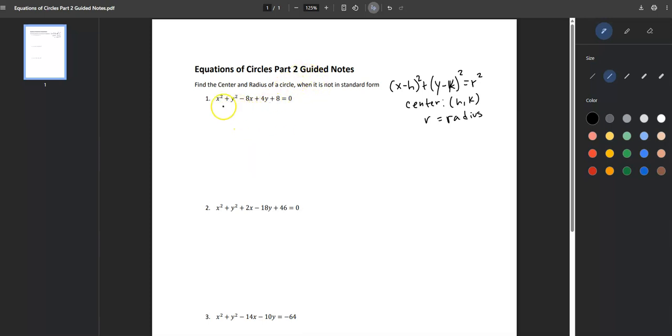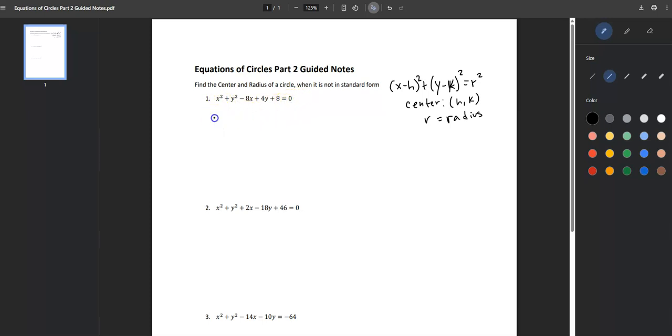So here is the process. We're going to complete the square. I'm going to rewrite this equation, reorganizing it so the x's are by each other, the y's are by each other, and the constant is on the other side of the equal sign.